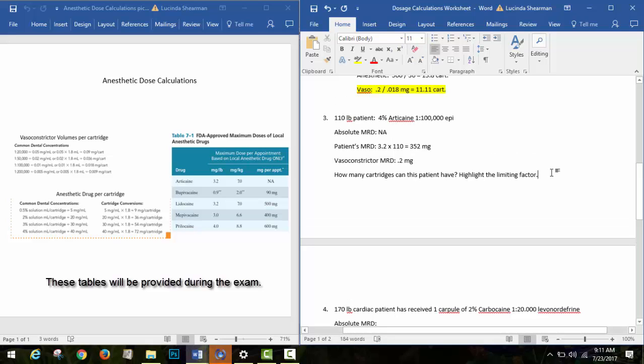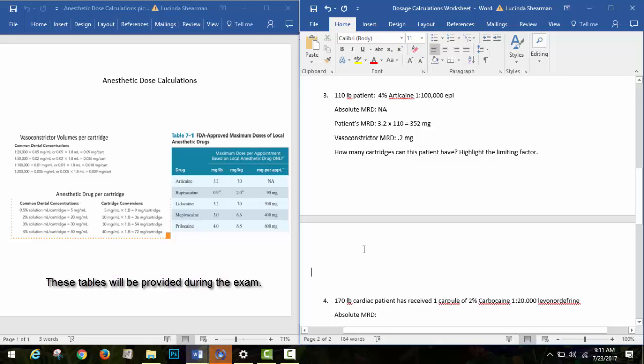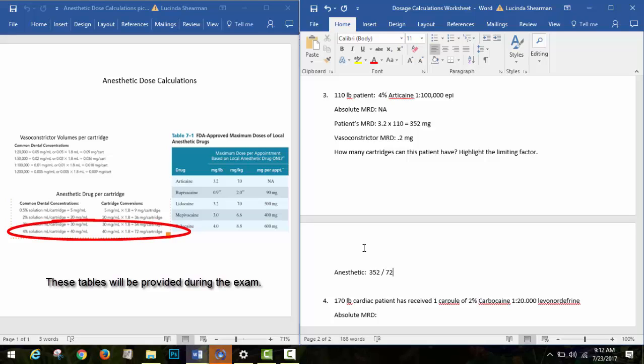Now again, we'll do two calculations, one for articaine and one for epinephrine. To do that calculation for anesthetic, 352 is their MRD. Divide that by 72, which is how many milligrams are in 4% anesthetic, and you come up with 4.8 cartridges.